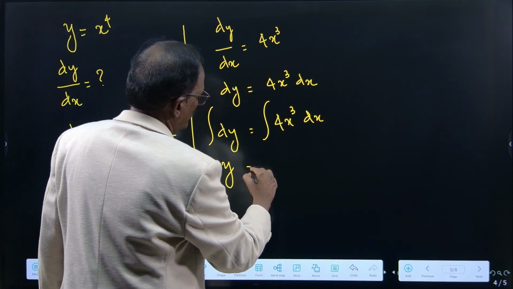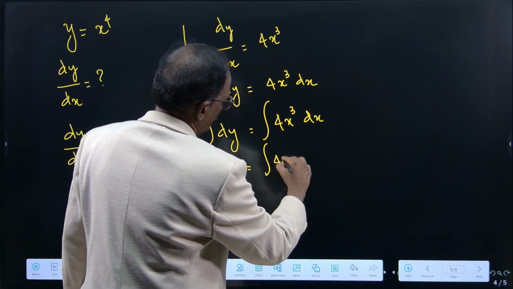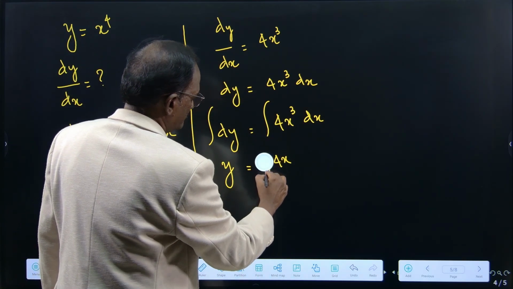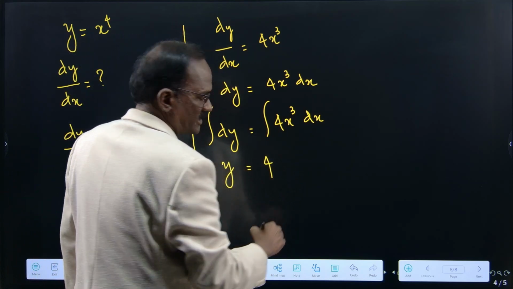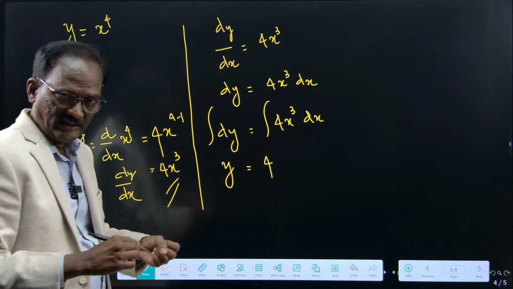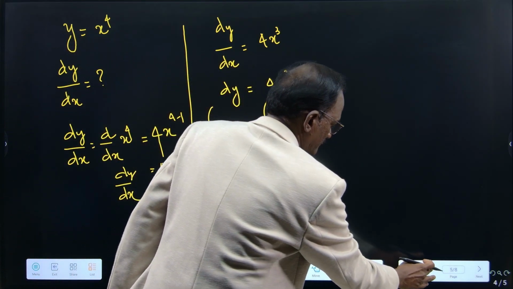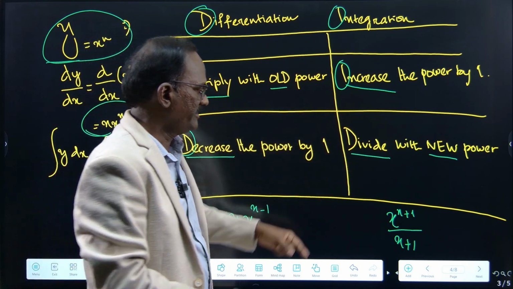y is equal to integral of 4x cube. Straight away we will write: four is a constant. For integration, you first increment the power. Then you divide with the new power.